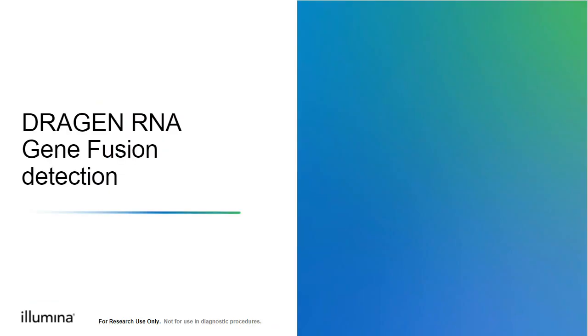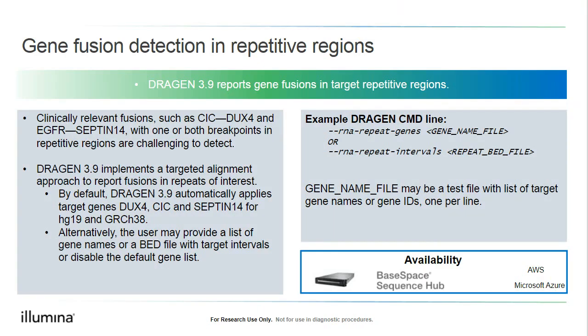Okay, let's go to the RNA gene fusion section. What we're introducing in 3.9 is better gene fusion detection in repetitive regions. There are clinically relevant fusions, such as DUX4 and Septin14 shown here. These are challenging, with one or both breakpoints in repetitive regions, and they are hard to detect with the standard gene fusion calling algorithm.